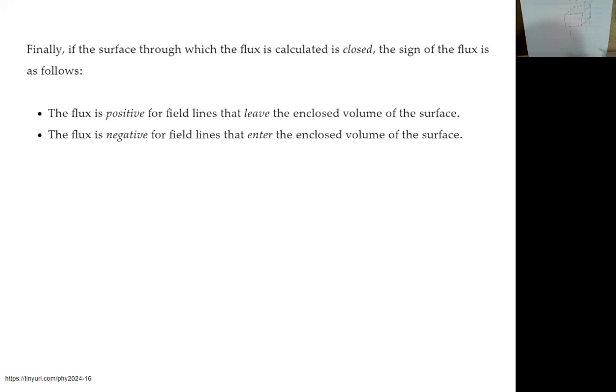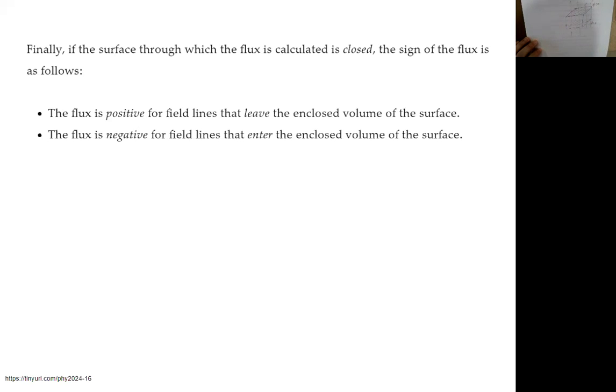Then on your top surface, the electric field lines leave the surface, so the flux through the top surface is positive. At the bottom surface, because the E field goes into the surface, the flux is negative. So flux is negative on the bottom and positive on the top. This is the convention here.